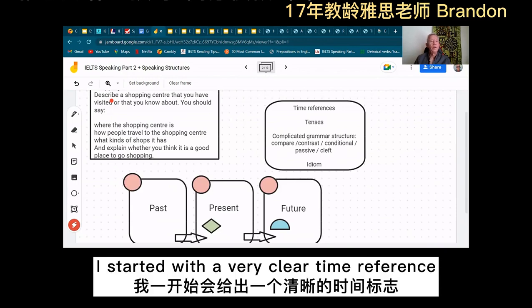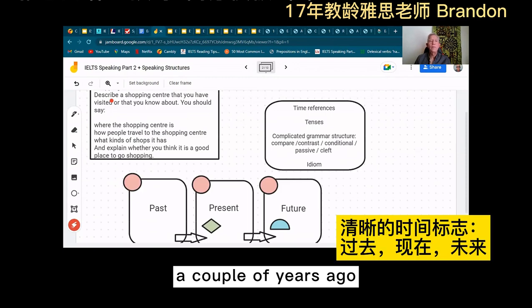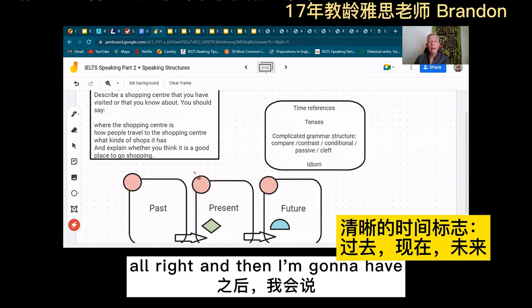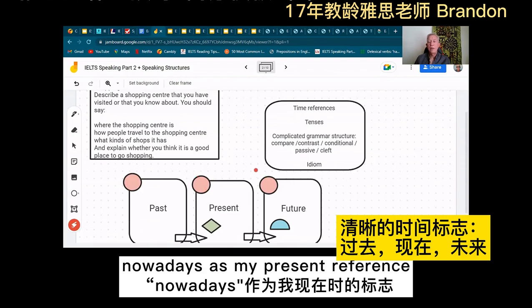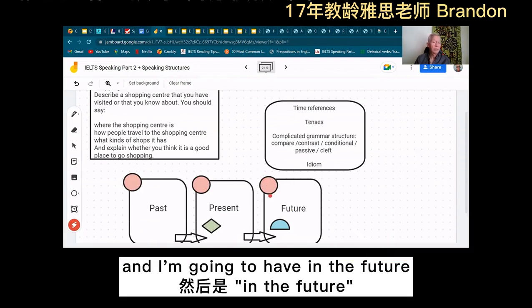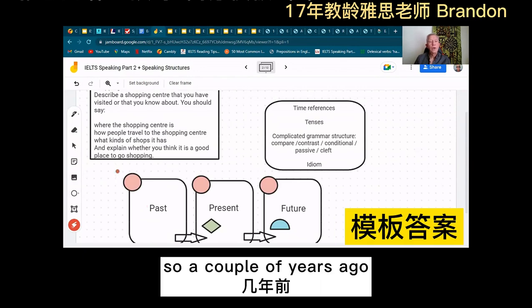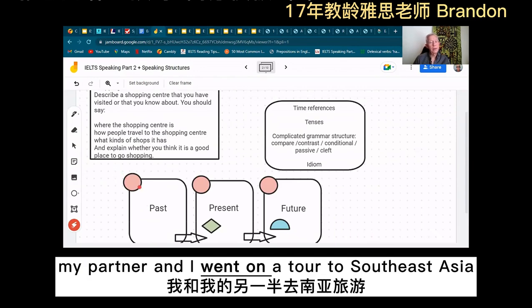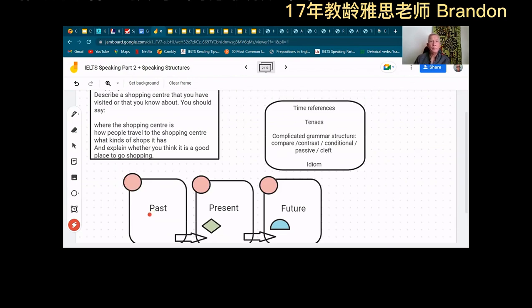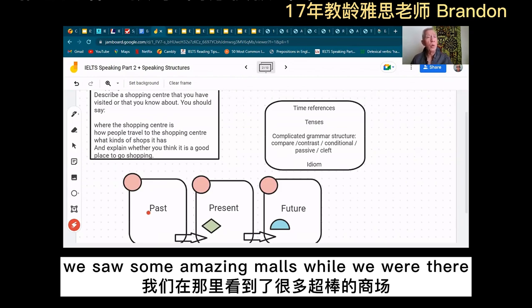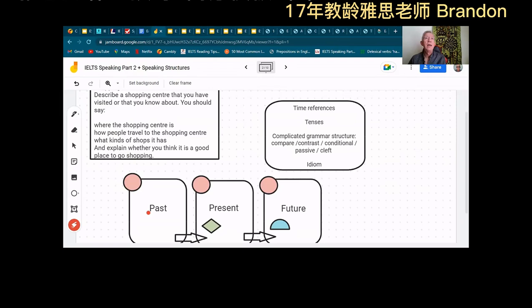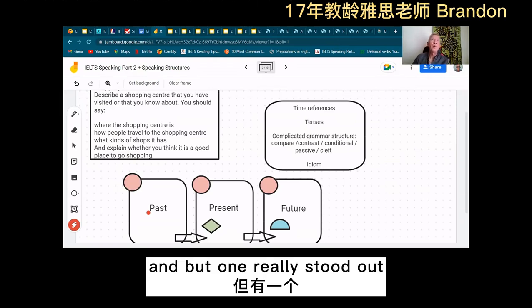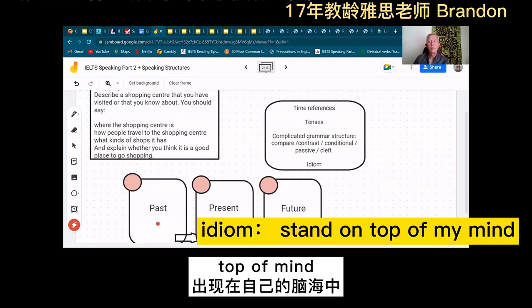Start with a very clear time reference. A couple of years ago, all right? And then I'm going to have nowadays as my present reference, and I'm going to have in the future, all right? So a couple of years ago, my partner and I went on a tour to Southeast Asia. We saw some amazing malls while we were there, but one really stood out and is top of mind.